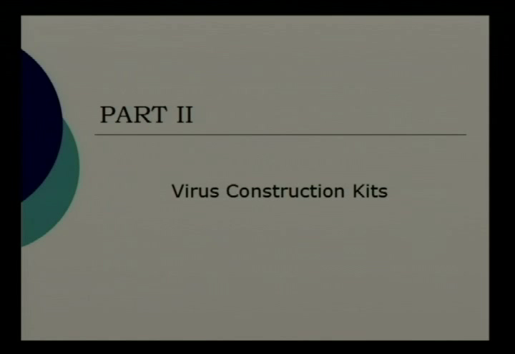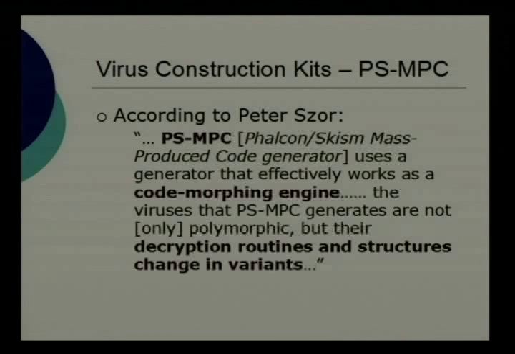So we are interested in looking at how effective these generators are in terms of producing metamorphic viruses. We looked at the literature and found some that are highly discussed or have good comments. The first one is the PSMPC, and according to a virus research book, it works as a code morphing engine, and the viruses it produces have decryption routines and structures that change in variants.